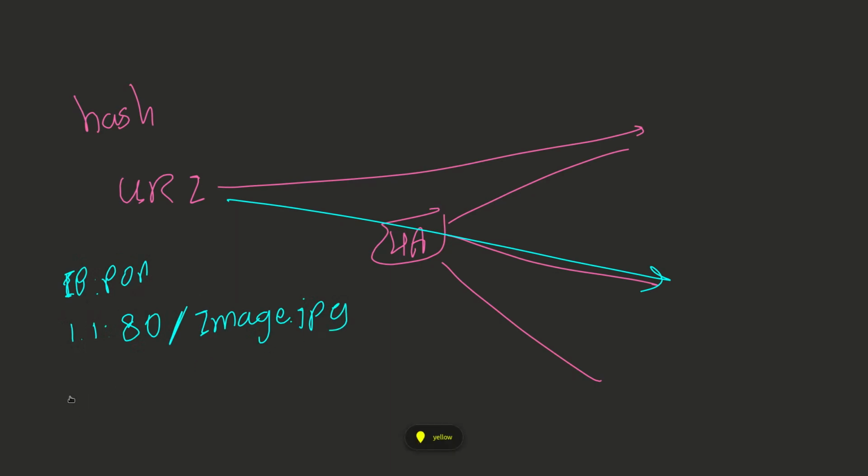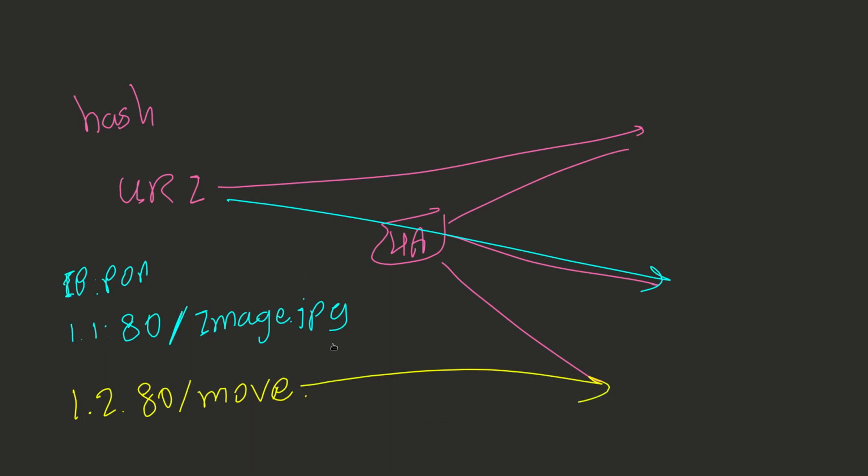Another request is asking for example movie. The URI algorithm makes sure these will always go to the same server, and also this hash which is created based on the URI will always go to the same server.